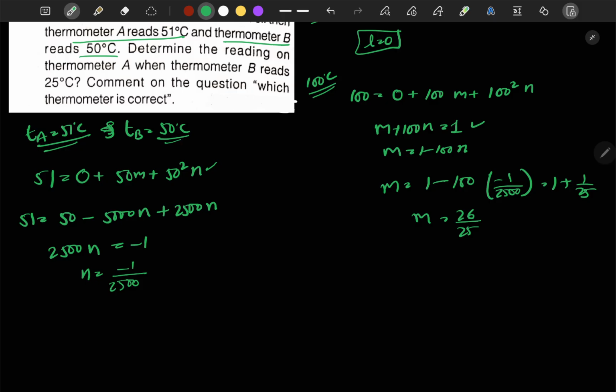Now determine the reading of thermometer A when thermometer B reads 25 degrees Celsius.